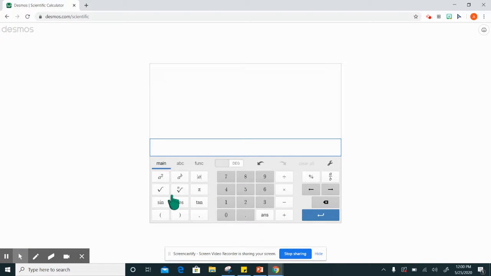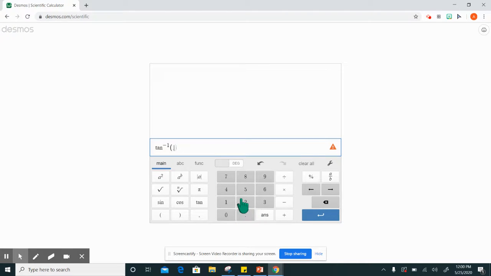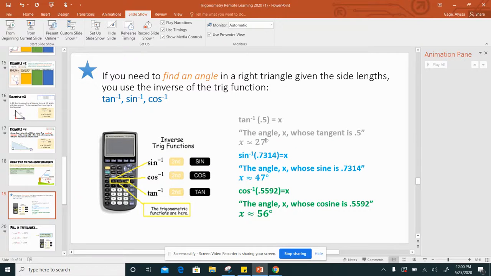On the main screen, you can see your regular sine, cosine, tangent. You have to hit function, and then that's how you can get your inverse trig functions to appear. So I want inverse tangent, and now you have to go back to the main screen to get the keypad. And so you would just enter in 0.5, and there you can see it's about 27 degrees, as you can see there.